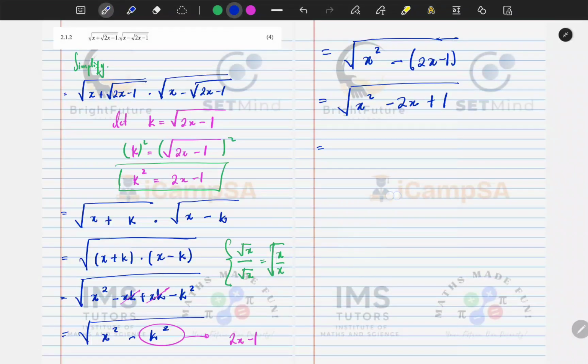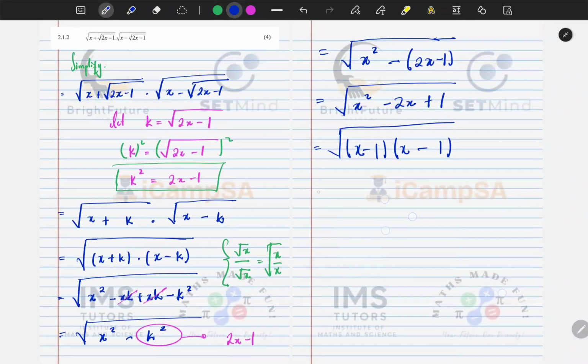This is still in surd form, so we have to simplify it further. We can factorize this as a perfect square. We are going to have x and x, and because of the positive sign there, we are going to have negative, and it's going to be negative 1.